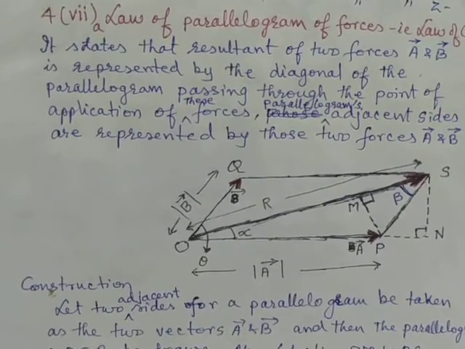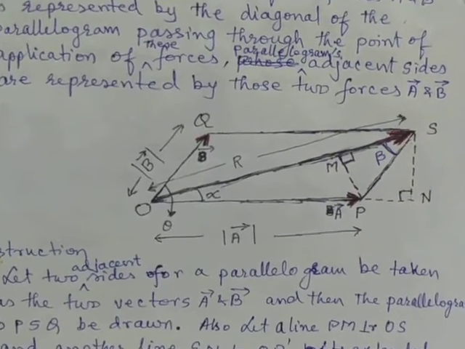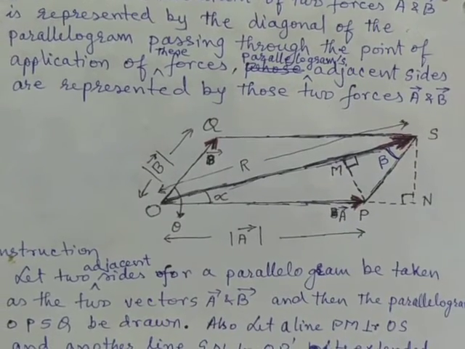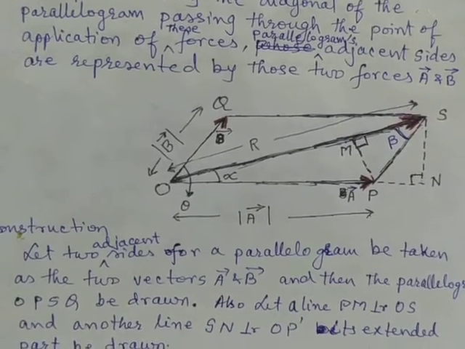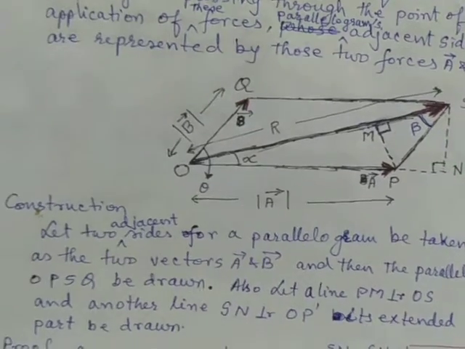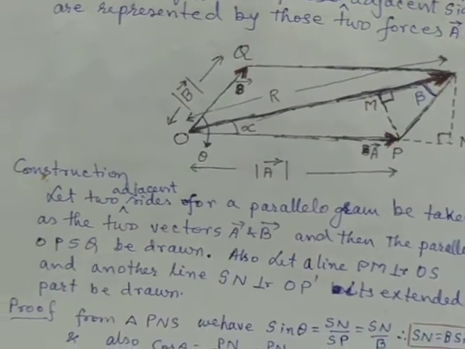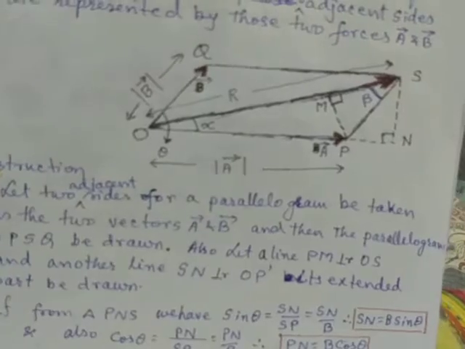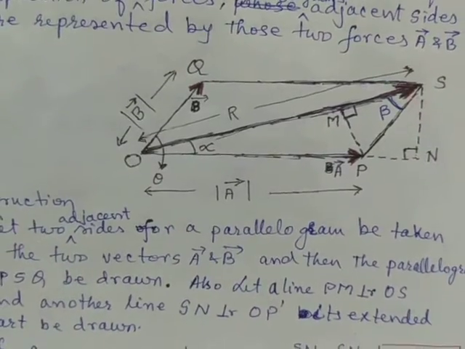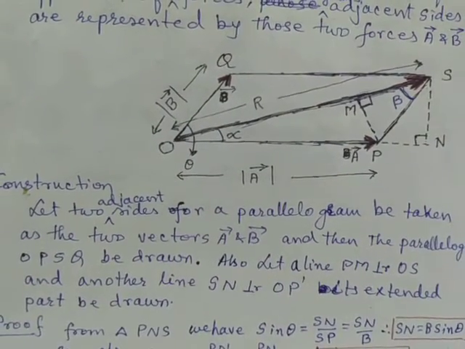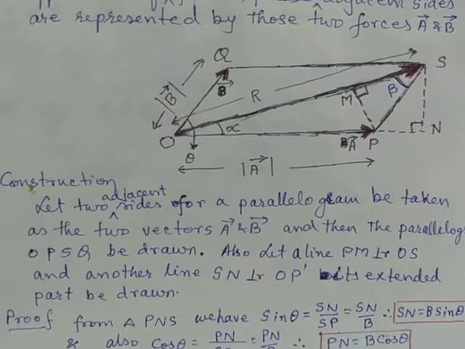It says that if we have two vectors directed along OQ and OP, as you see in the diagram, and they are applied at any point O, then the resultant of these two vectors A and B will be represented by the diagonal of a parallelogram whose two adjacent sides are equal to these two vectors, and the diagonal must pass through the point of intersection of these two vectors, that is, through point O.